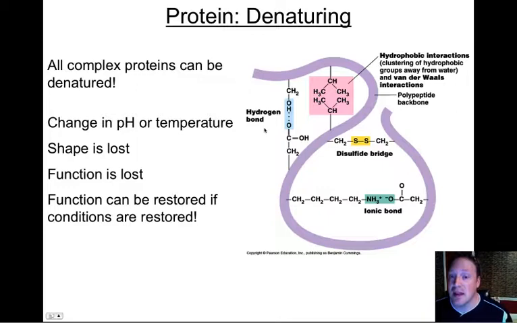There's four main things that create the shape of a protein. And of course, it's all dependent on the order of the amino acids. So if you look at this diagram, this purplish, bluish ribbon here represents these amino acids all linked up in a row. And what you see here are some particular side chains that are shown.